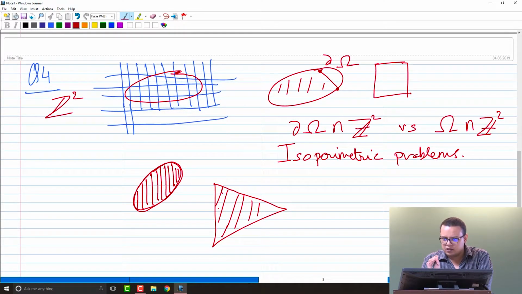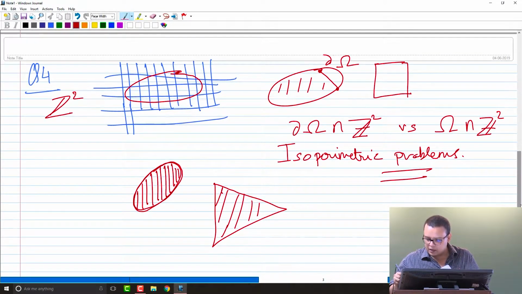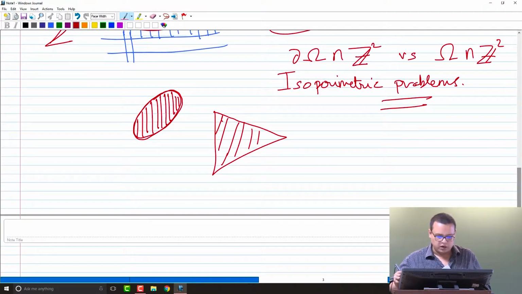But that does not mean it has the smallest perimeter. A disk will have the smallest perimeter with respect to the area it encloses. This is of that form. Okay? Good. So what we will be proving is a classic result in discrete geometry now.